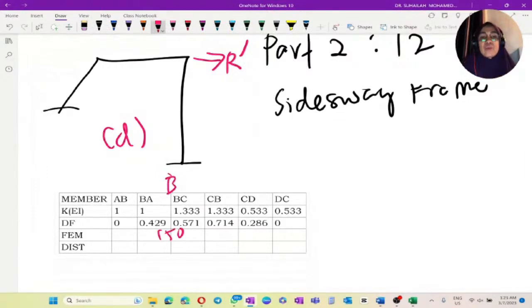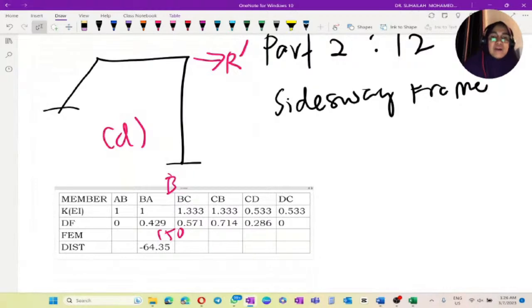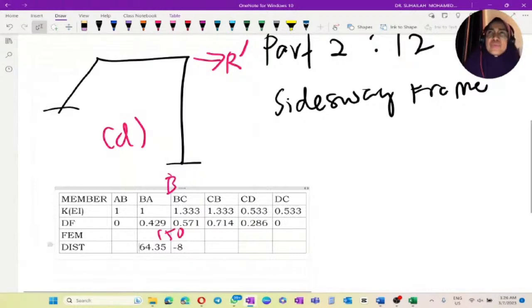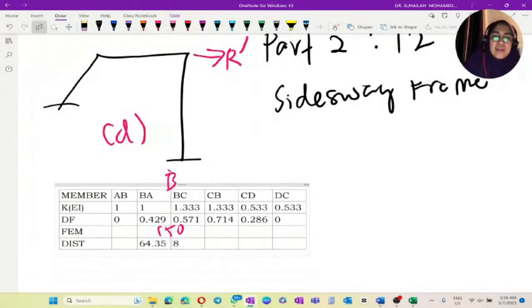This 150 we distribute to BA by 150 times 0.429, and the other is 85.65. We don't have to change sign, 85.65.